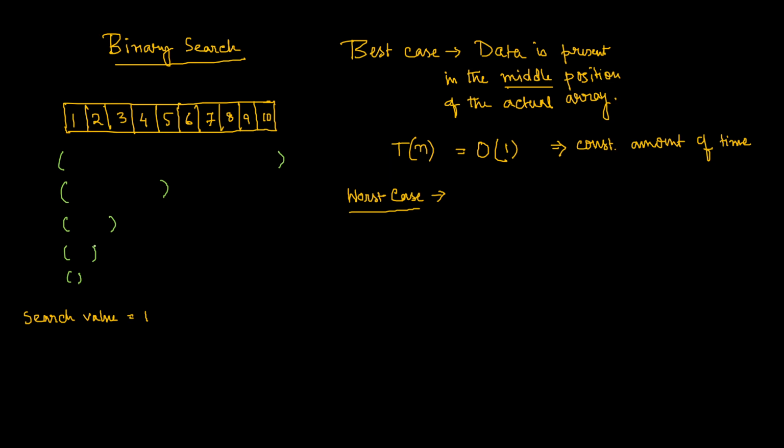So if you go for the algorithm, I hope you can remember that at first we had a declaration of a middle, that middle equals lower plus upper by 2, so that I can check whether the data is present exactly in the middle or not. If it is not present in the middle, the data is greater than the value of the middle position or lesser than the value of the middle position.